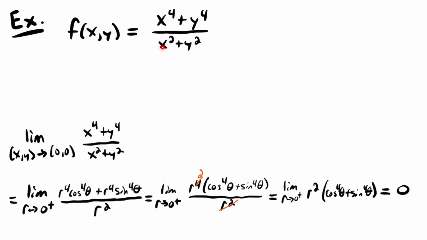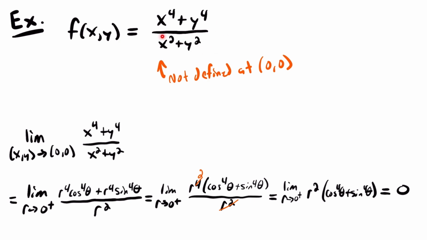If you plug in 0 for x and y in this expression, you will get a denominator of 0. So this function is not defined at 0, 0, but the limit at 0, 0 does exist. This is an example of a removable discontinuity for a multivariable function. This function is not continuous at that point, but since the limit exists at that point, you could remove that discontinuity.